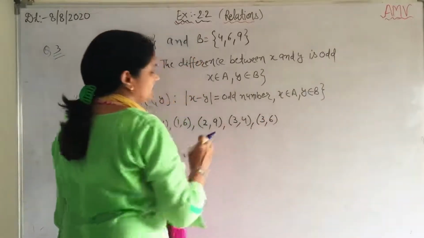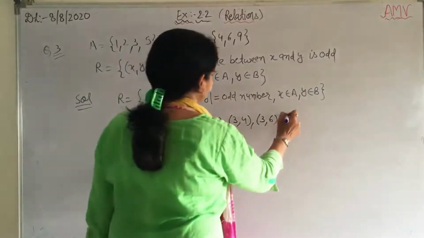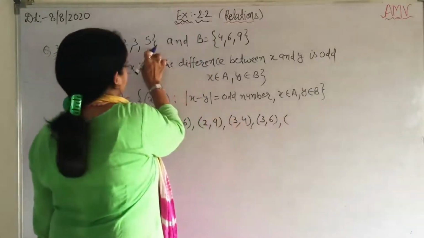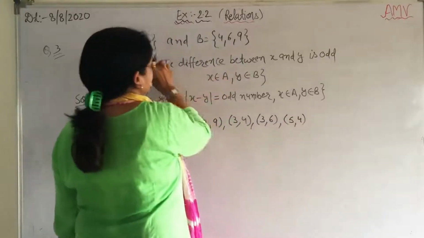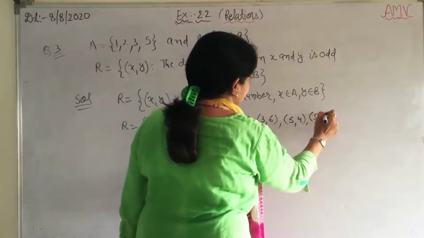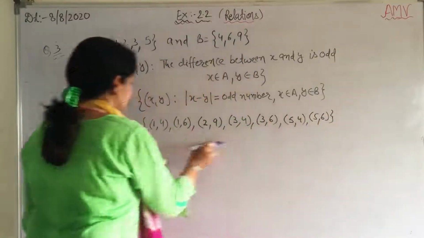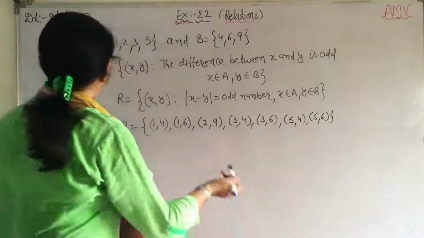Okay, difference between even and odd is always an odd number. Next 5 relates to 4. Okay, and 5 also relates to 6. So it is the answer. Okay. Next question. Question number 4.